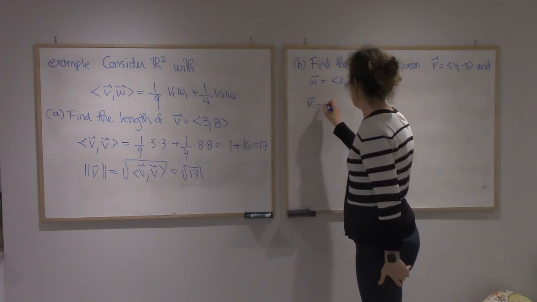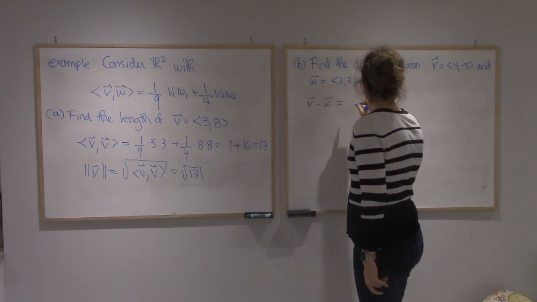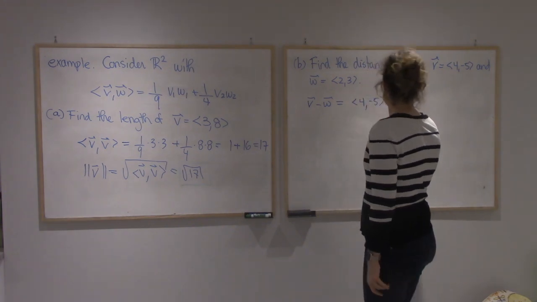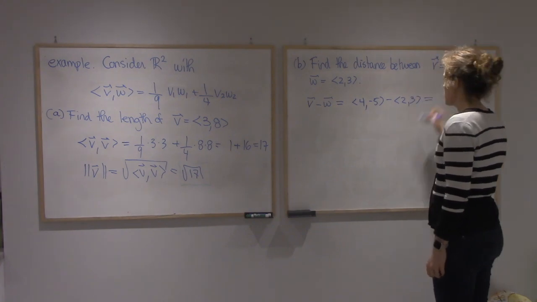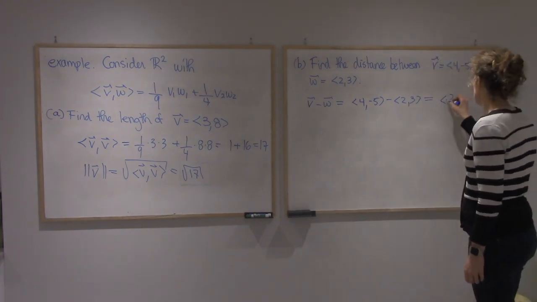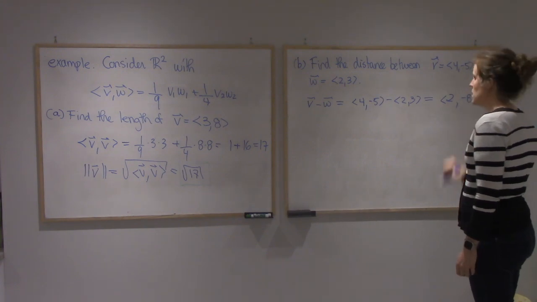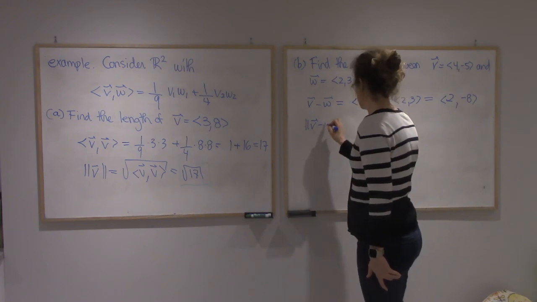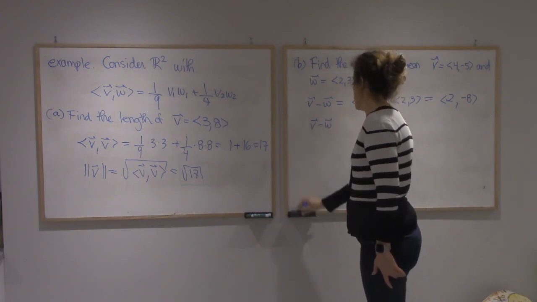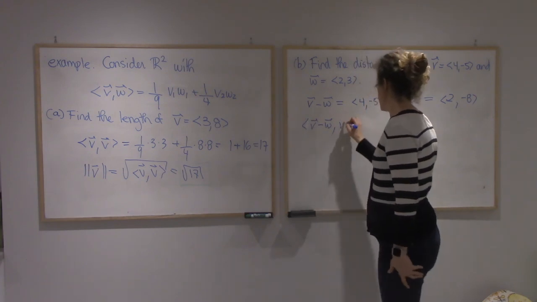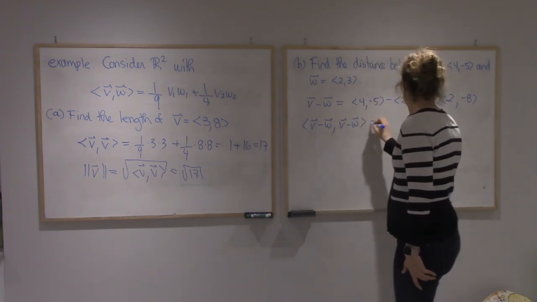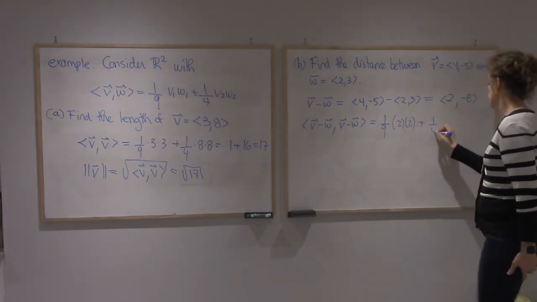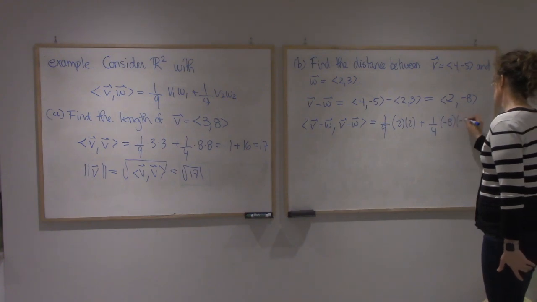So v minus w, that will be 4 minus 2, 5 minus (−3), so that will be (2, 8)... then I have to look at the length of that, so I'll need to take the inner product. That'll be 1/9 times 2 times 2 plus 1/4 times 8 times 8.